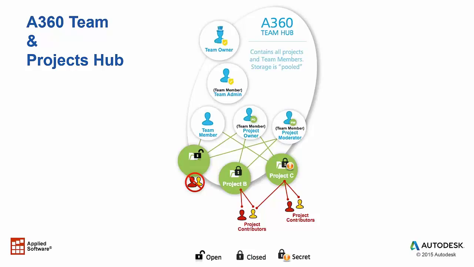You could be a contributor, you could be just an author. The project can be open, can be closed, can be secret. There are different ways you can slice and dice the project and control what you want out of it. So let's take a look at this video here that talks about A360 Collaboration for Revit.